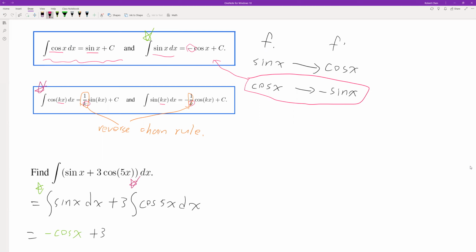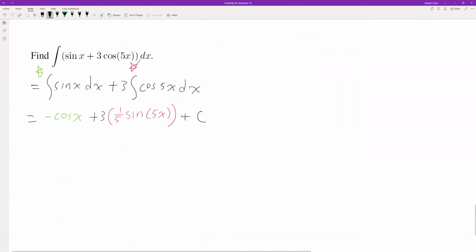Now in this case, k is 5, so we have 1 over 5 times sine of 5x. Now we can add plus c at the end. Let's clean this up a little bit. So we have negative cosine x plus 3 times 1/5, that's 3 over 5 sine of 5x plus c.